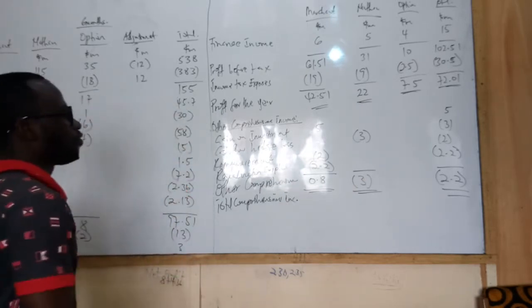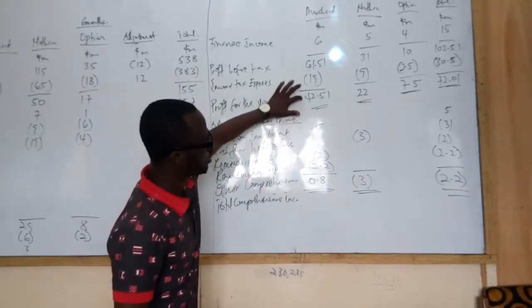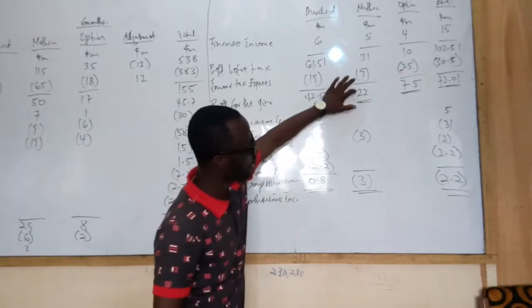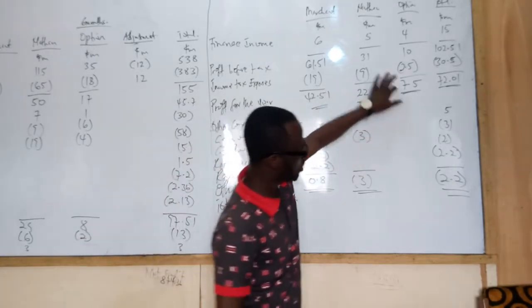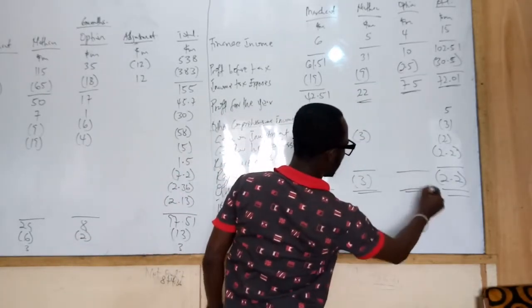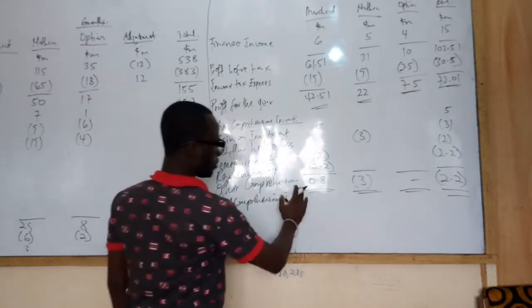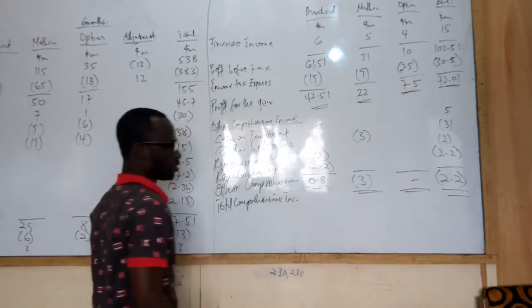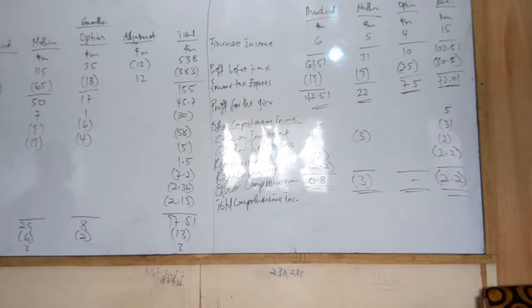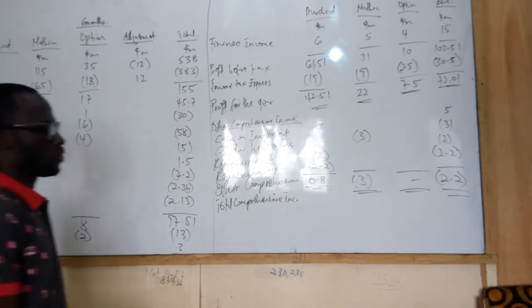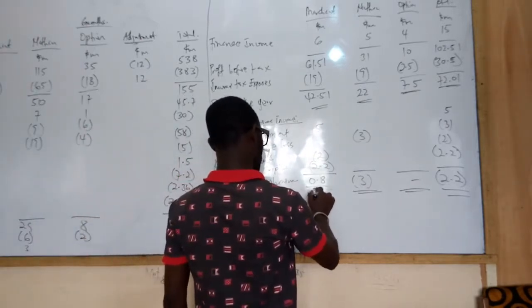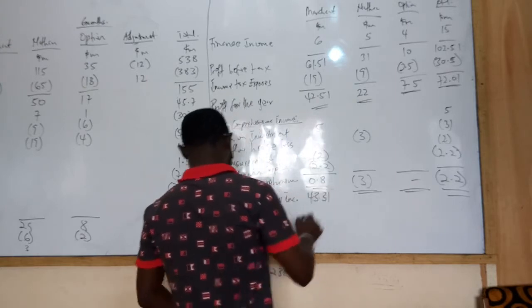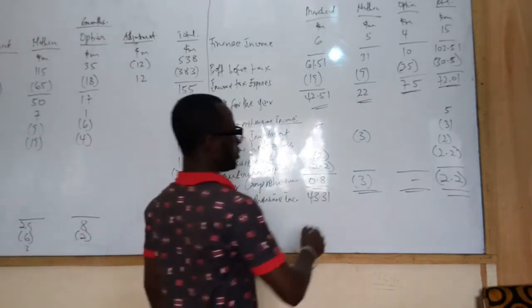So total comprehensive income for the year will be what? This plus this. These people won't have anything there. Let's see what we get respectively. 43.31 first. 19.